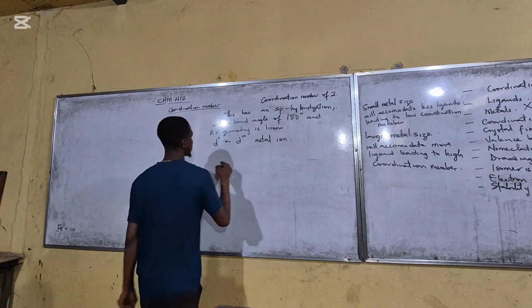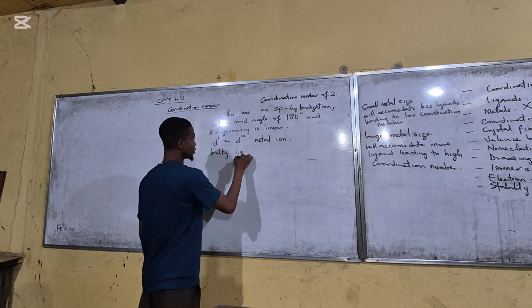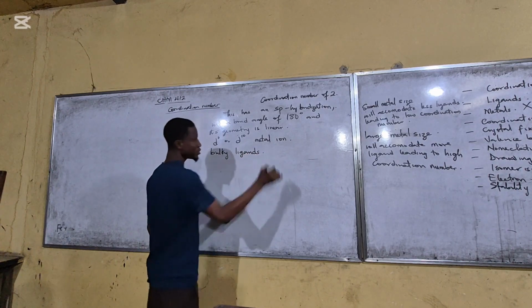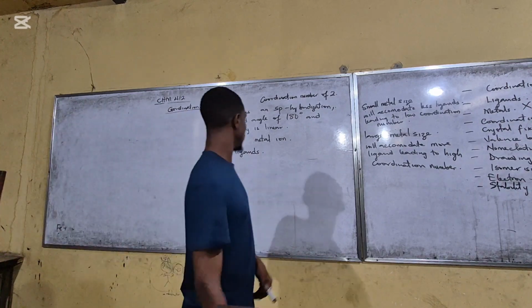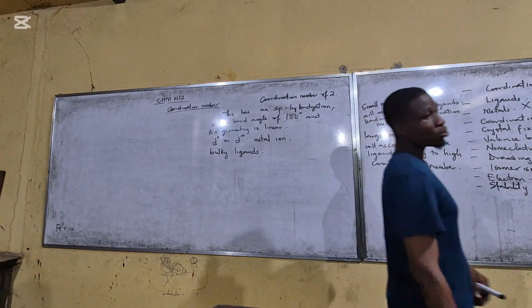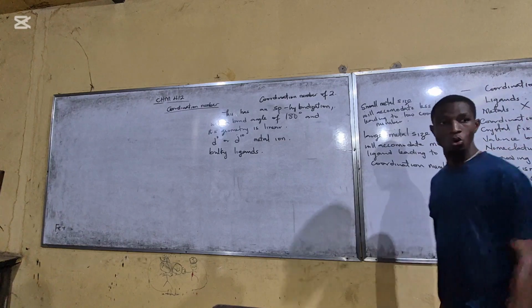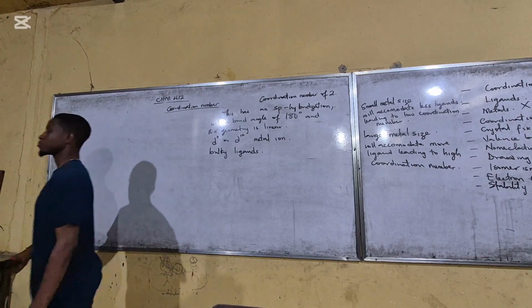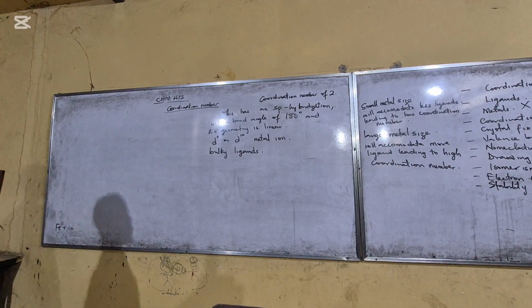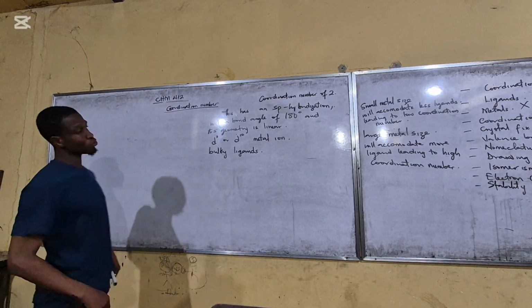Then it is also favored by bulky ligands, because bulky ligands will always give rise to low coordination number. That's mostly it for coordination number of 2.